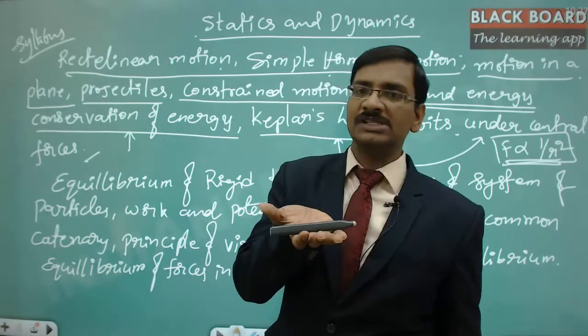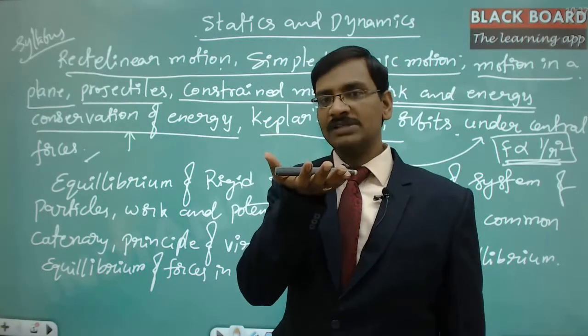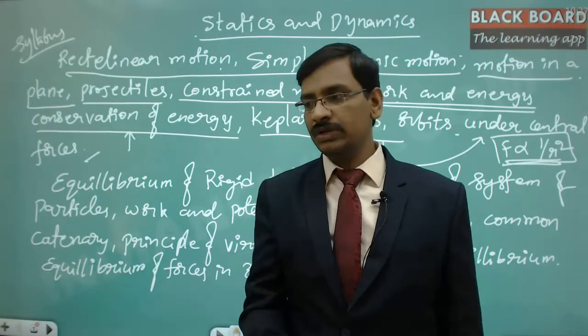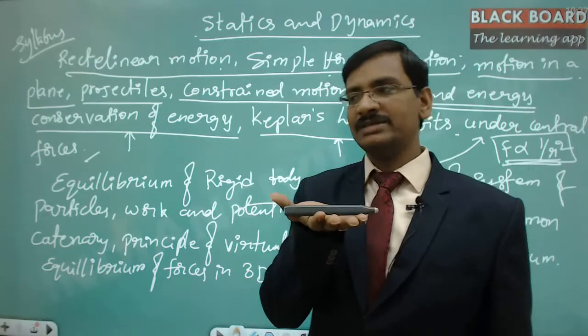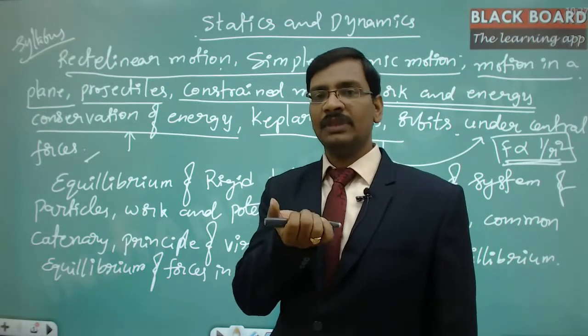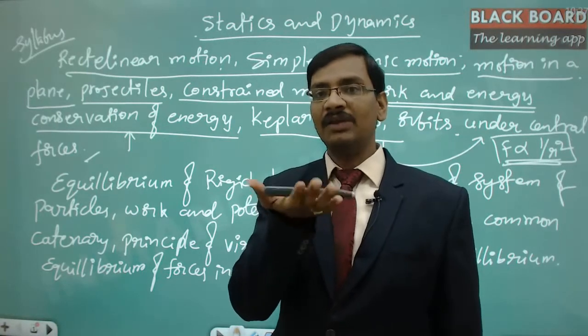If my force is more than gravity, it will lift upwards. If my force is lesser than gravity, it will go down. If it is exactly equal, it will stay as it is. Here, this is what we call the particle under equilibrium.